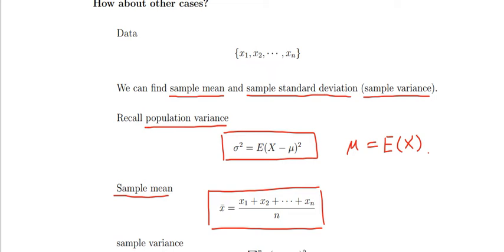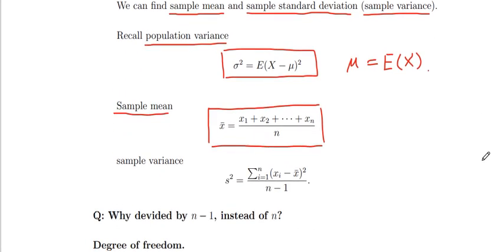Here the sample mean is just adding them up and dividing by n, right? So then what is the sample variance? We use this formula. We denote this as s square.